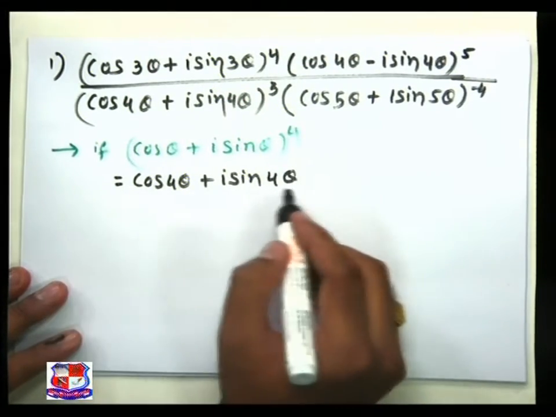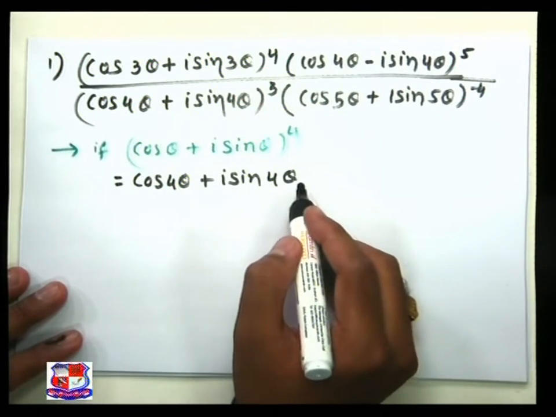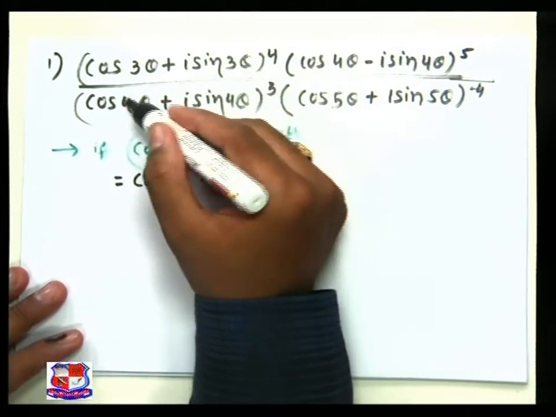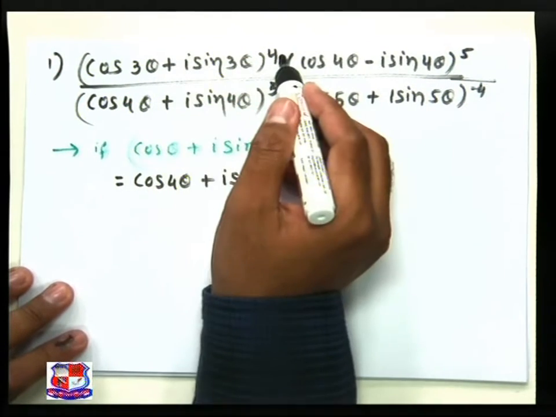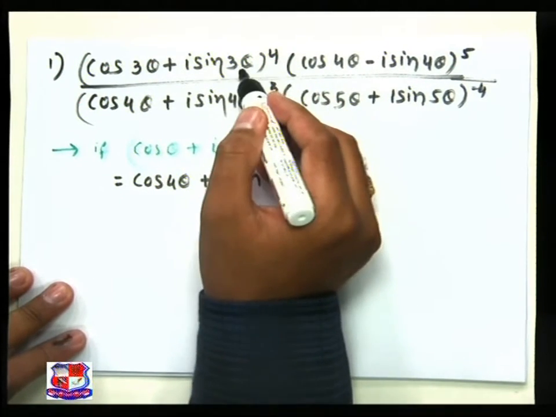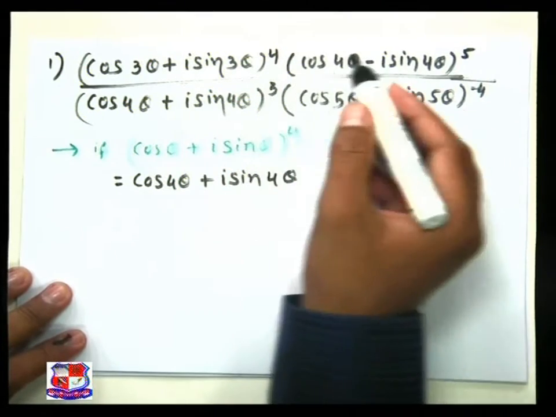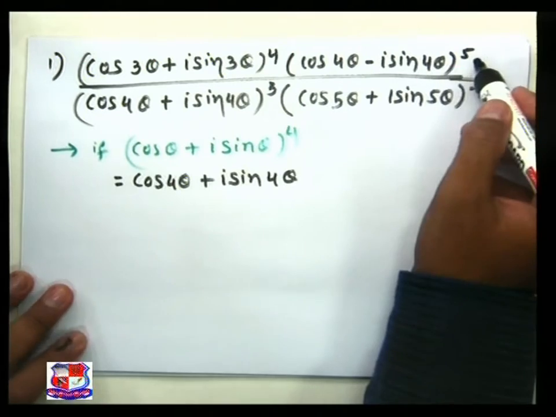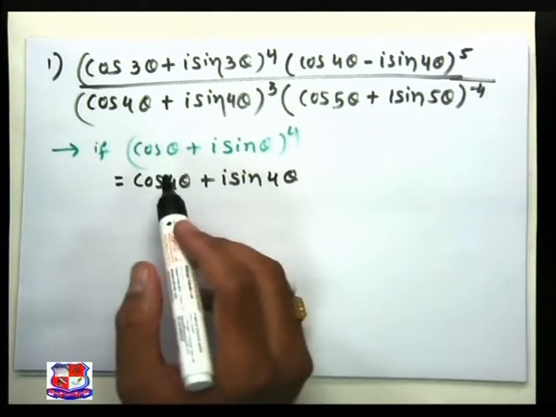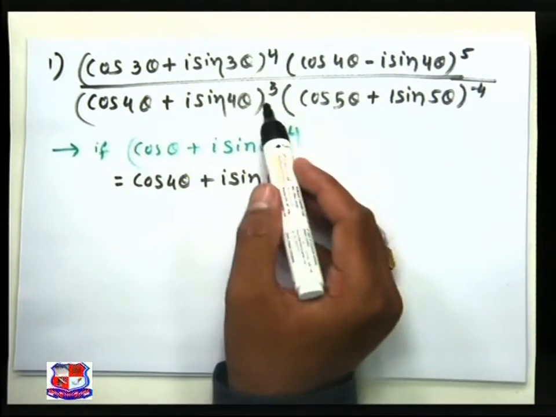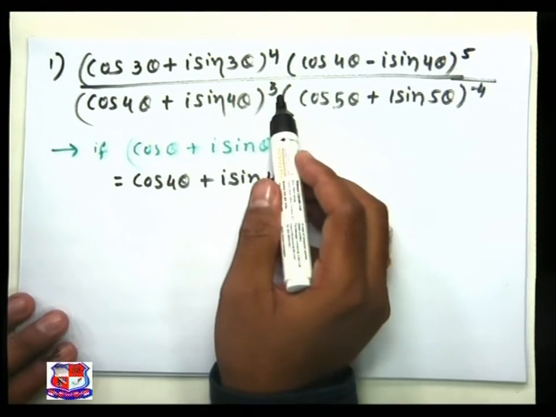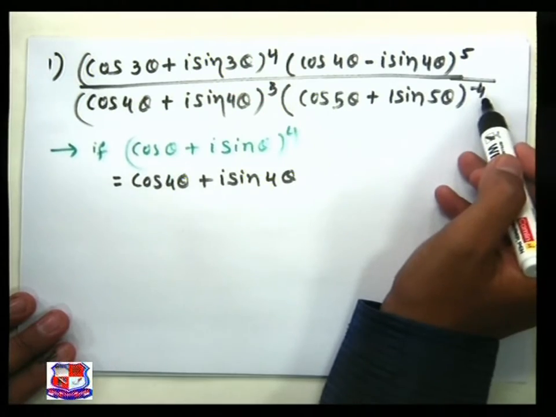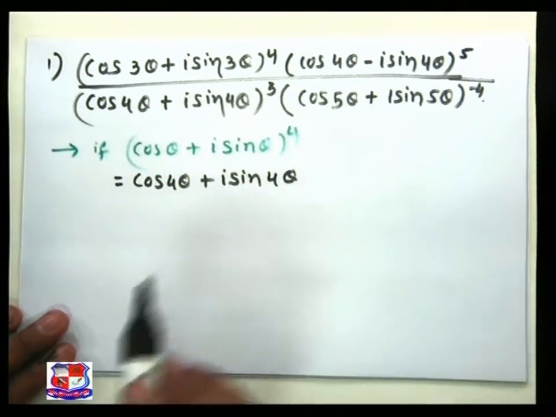So using this theory we replace in our main question: 3 theta multiplied with 4, again 3 theta multiplied with 4, here 4 theta multiplied with 5, 4 theta multiplied with 5, 4 theta multiplied with 3, 4 theta multiplied with 3, 5 theta multiplied with minus 4, and 5 theta multiplied with minus 4.